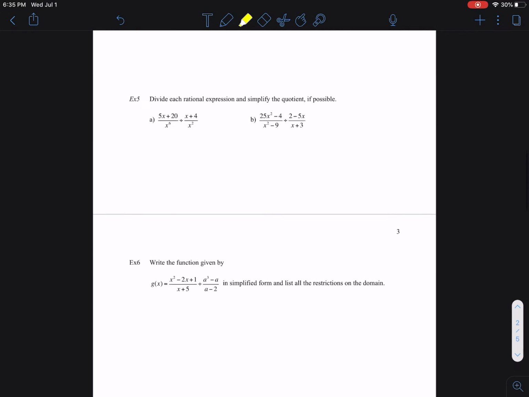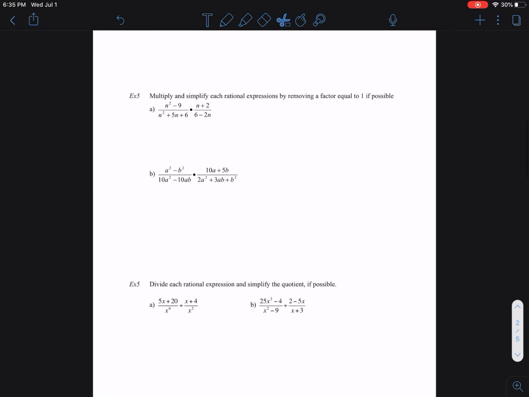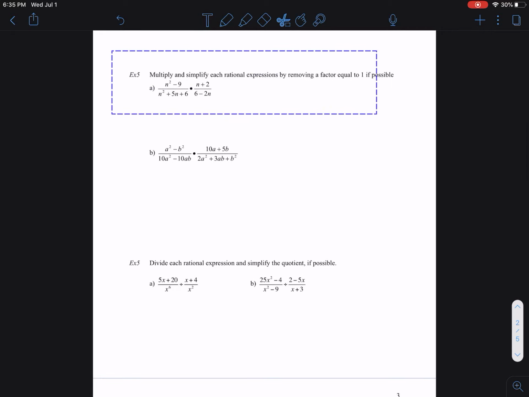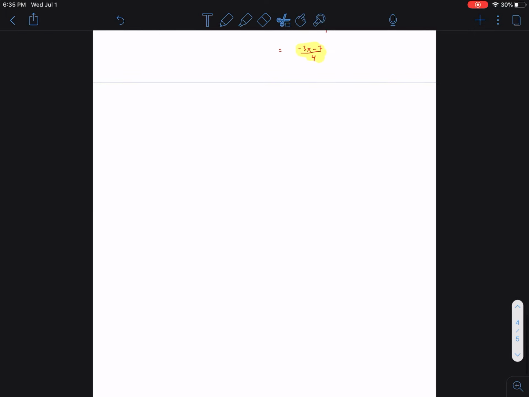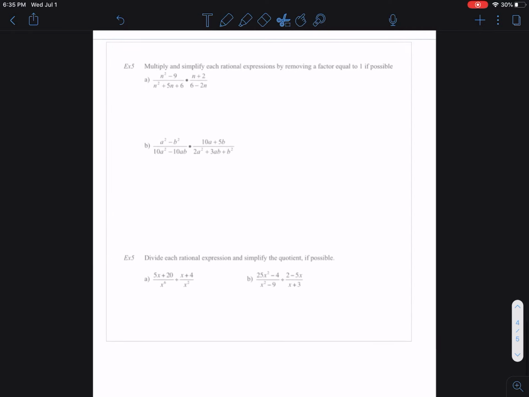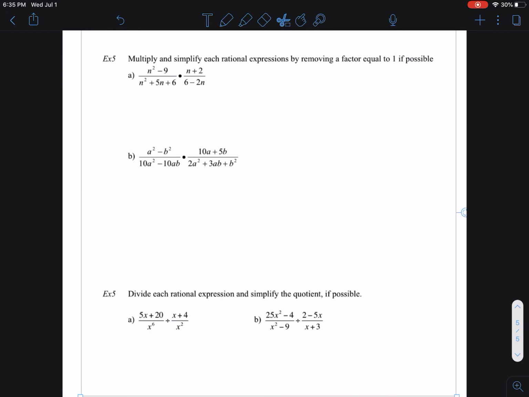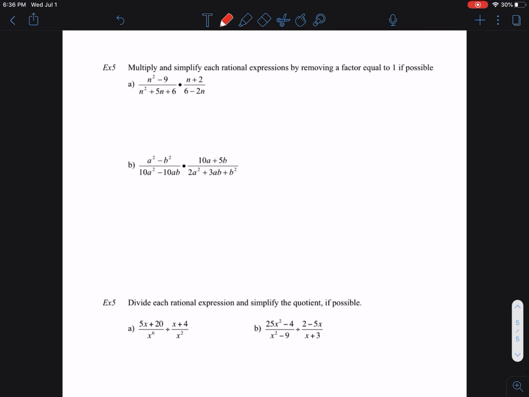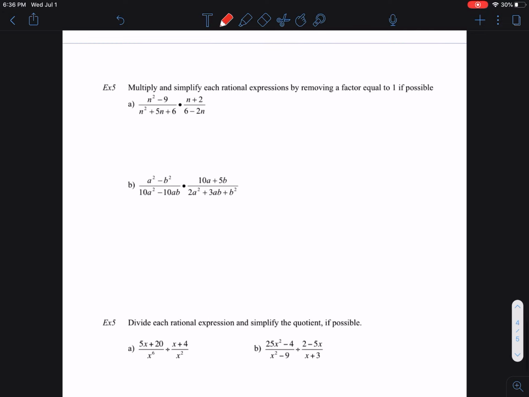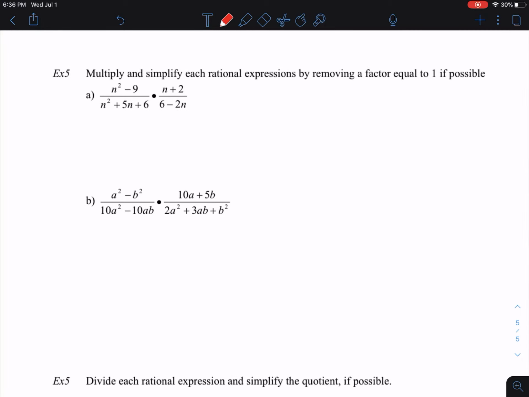Let's do some multiplication and division of rational expressions. Okay, so multiplying rational expressions is very similar to when we first learned how to multiply fractions.